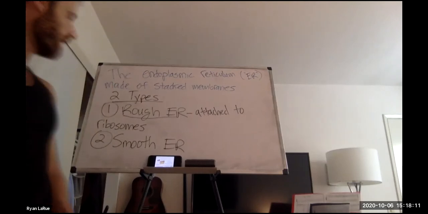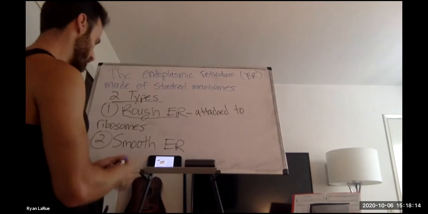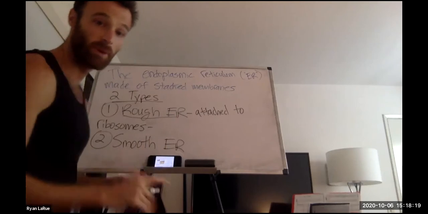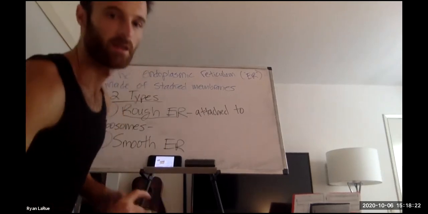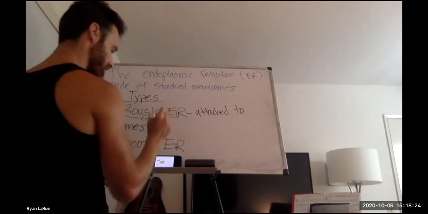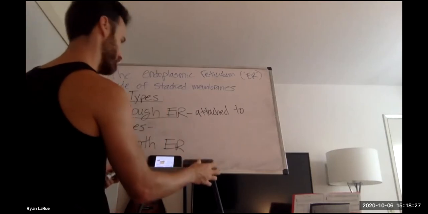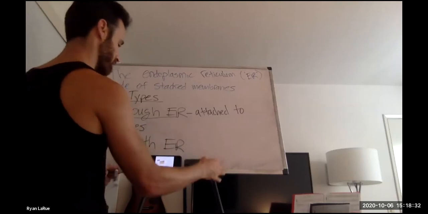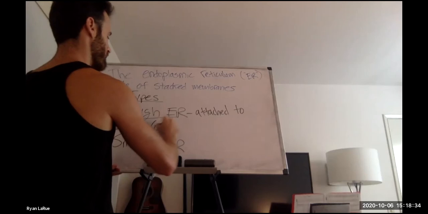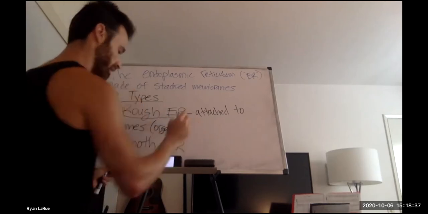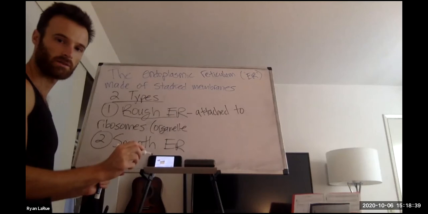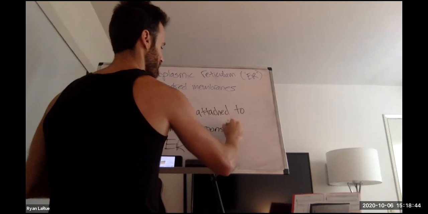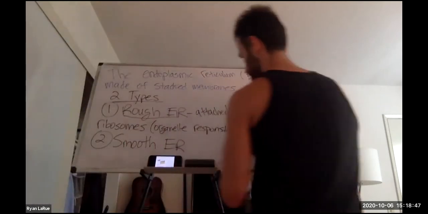And then let's go ahead and define ribosomes. Ribosomes are the organelle where protein synthesis occurs. So I'm going to write organelle responsible for protein synthesis. So that's what ribosomes do.